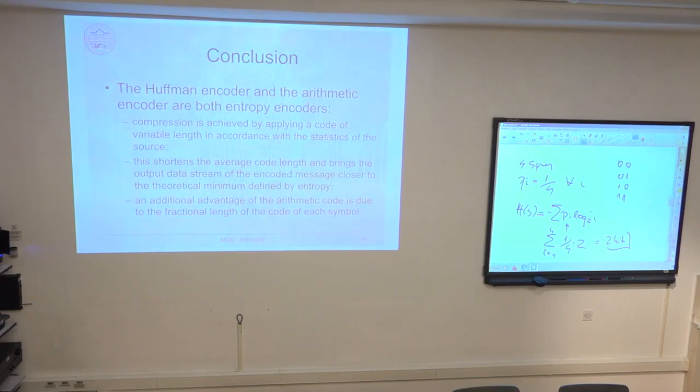With a Huffman code, you can have only an integer length of the encoded symbol. With arithmetic coding, you can have a fractional number for the length of the individual symbol encoded in the message, because you encode the whole message with an integer number of bits. Divided by the number of symbols, you get some fractional number.